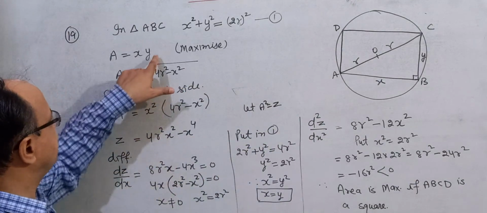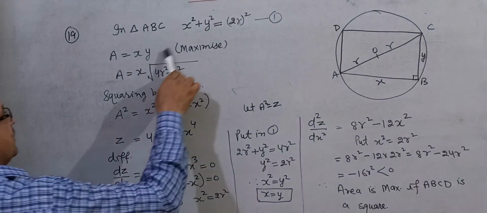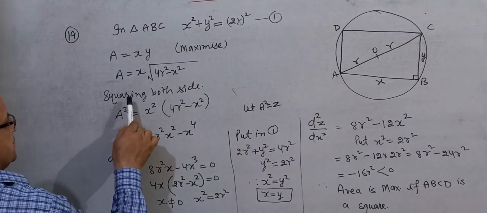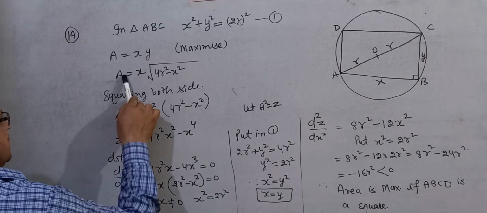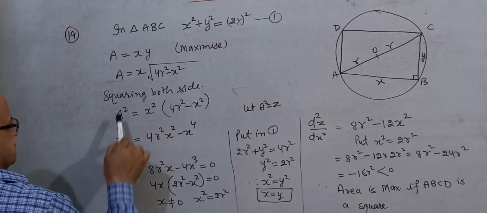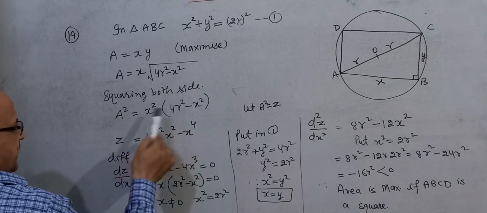You can put the value of y or the value of x also. Squaring both sides, because the root is here. This is the main step. A square x square, put the value of a square as z. In every question put z, or you can put f of x.